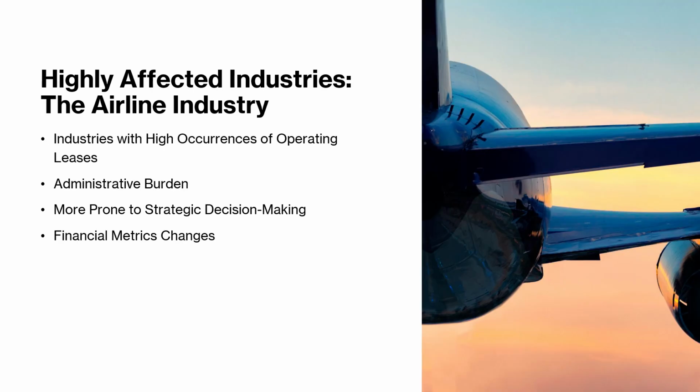Lastly, I looked at highly affected industries, specifically focusing my research on the airline industry. However, there were retail, restaurants, transportation, and any industry that has a high occurrence of operating leases was considered a highly affected industry. Most of the difference is the administrative burden.